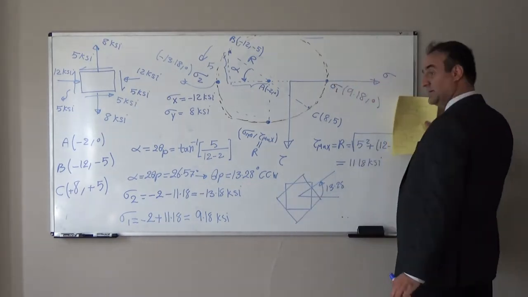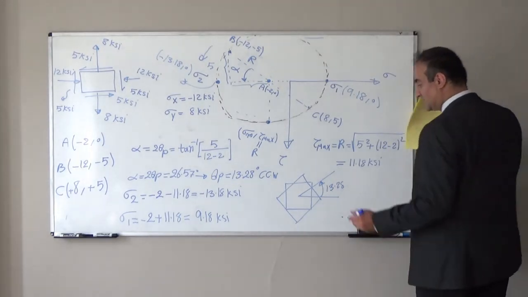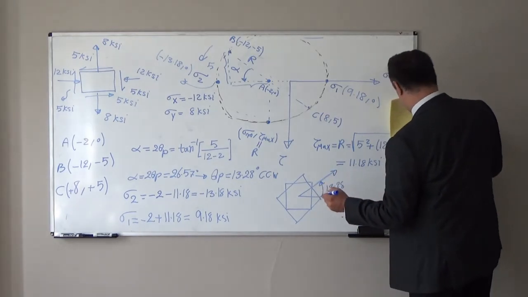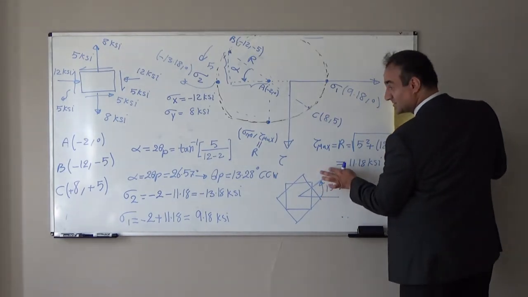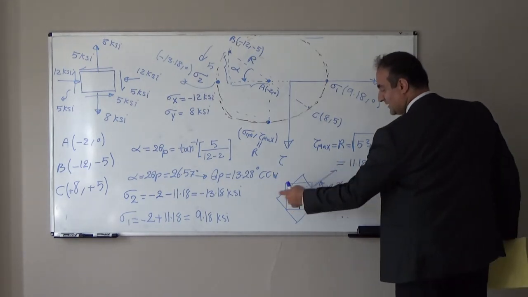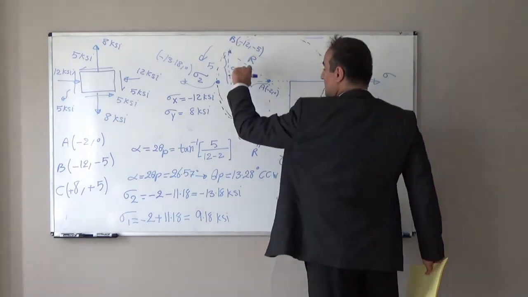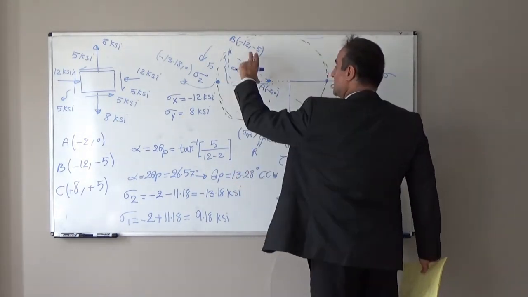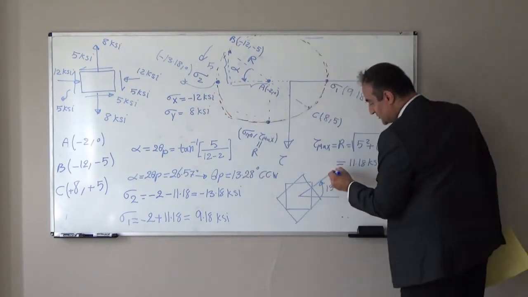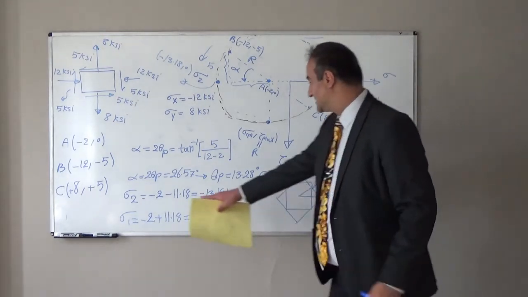This will be the direction of the principal stress. If we rotate theta P counterclockwise, we will reach point B. So in this face we will have sigma 2.